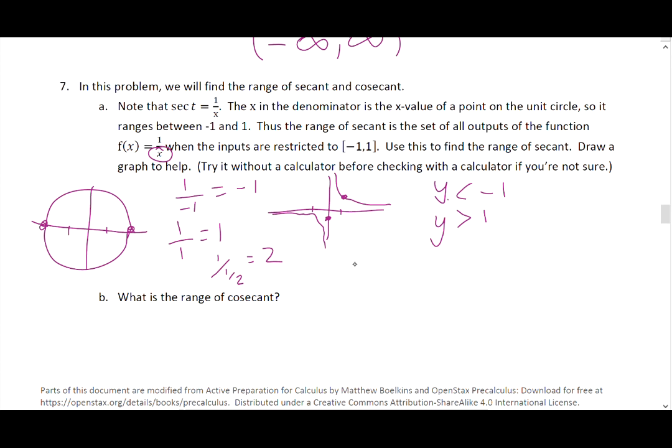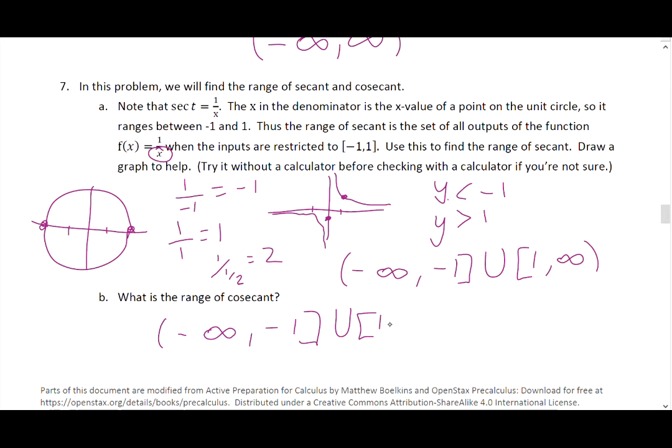And so the possible y values are -∞ to -1, union 1 to infinity. So the range of cosecant is -∞ to -1, union 1 to infinity.